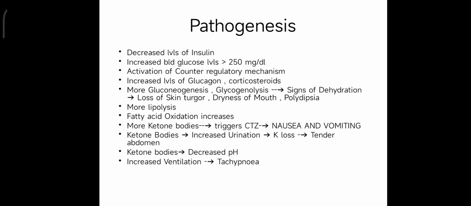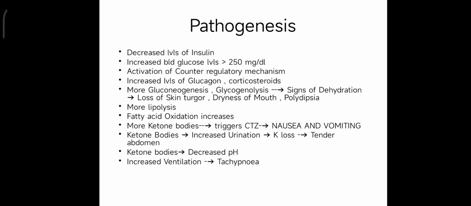So more gluconeogenesis and more glycogenolysis do happen, that causes signs of dehydration, and there is more lipolysis that causes more ketone body production that leads to nausea, vomiting, and more ketone bodies also cause hypokalemia that causes tender abdomen, and more ketone bodies lead to decreased pH, and that causes increased ventilation, and that leads to tachypnea.